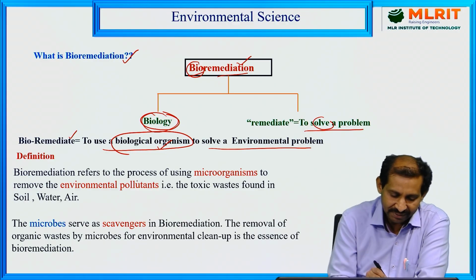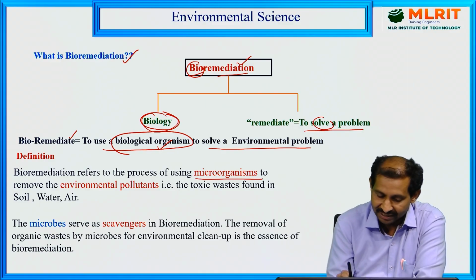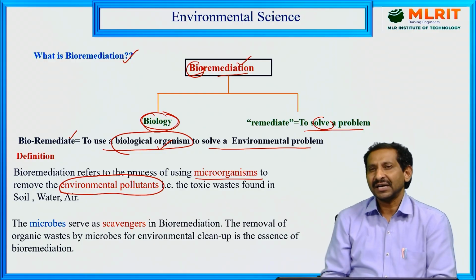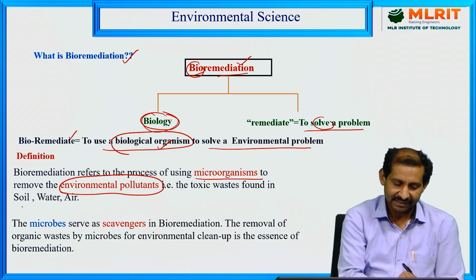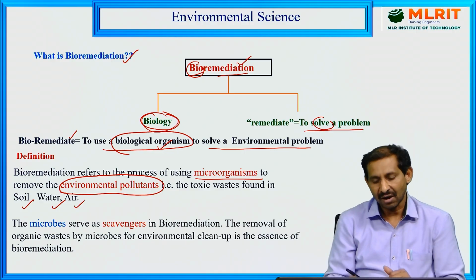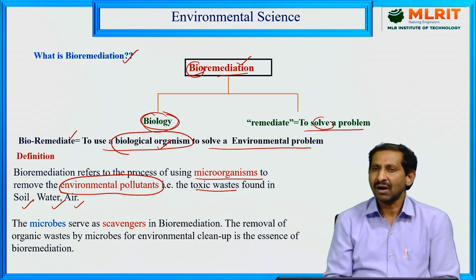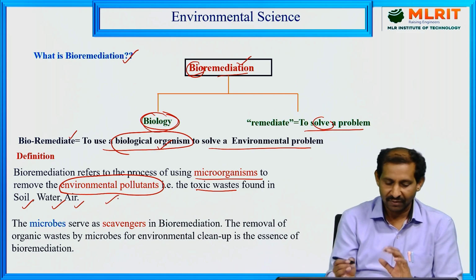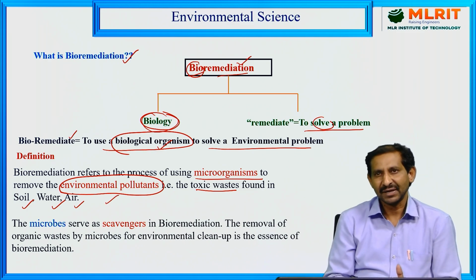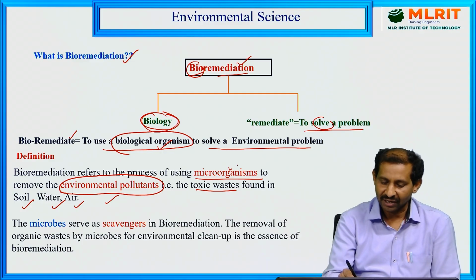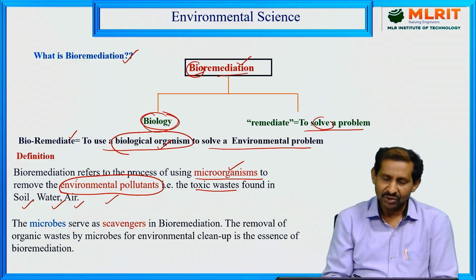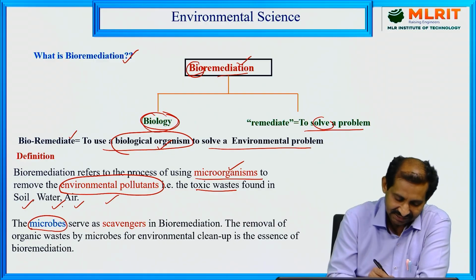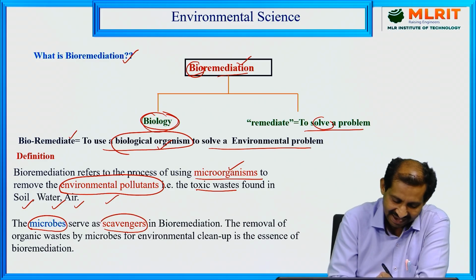Now coming to the bioremediation: it is the process of using microorganisms to remove environmental pollutants. Whatever environmental pollutants are present in soil, water or air, or toxic compounds or materials found in the environment, will be removed from that point by using biological microorganisms. That is called the bioremediation. Here, whatever microorganisms we are using for the bioremediation serve as scavengers.